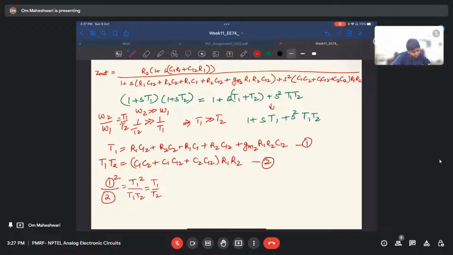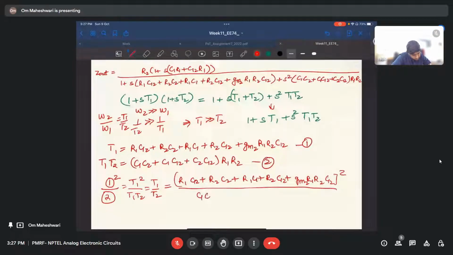So we can get this. Let me write it. (R1 C12 plus R2 C2 plus R1 C1 plus R2 C12 plus GM2 R1 R2 C12) whole square, divided by (C1 C2 plus C1 C12 plus C2 C12) times R1 R2.